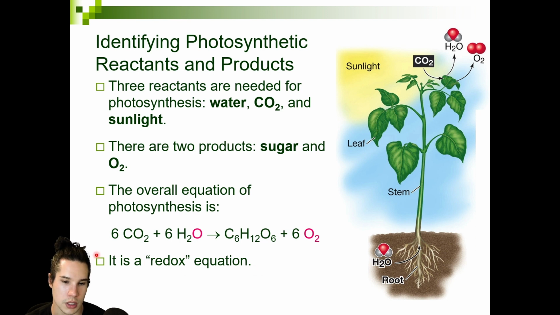In the case of photosynthesis, you are oxidizing water. You are stripping water of its valuable electrons, and you are reducing CO2 and splicing together those carbons to make a 6-carbon sugar, or you could just say a sugar. You're splicing CO2 together to make sugar.